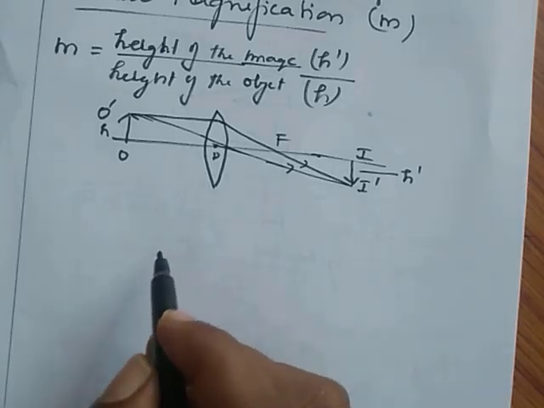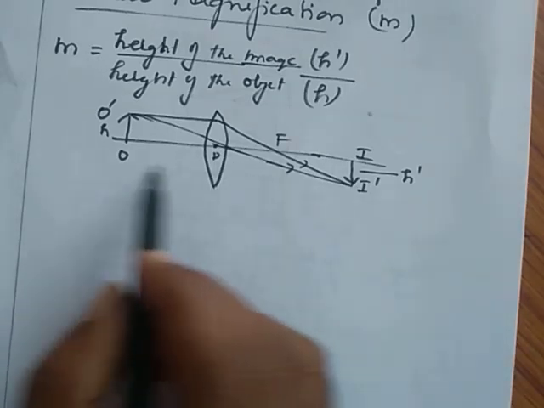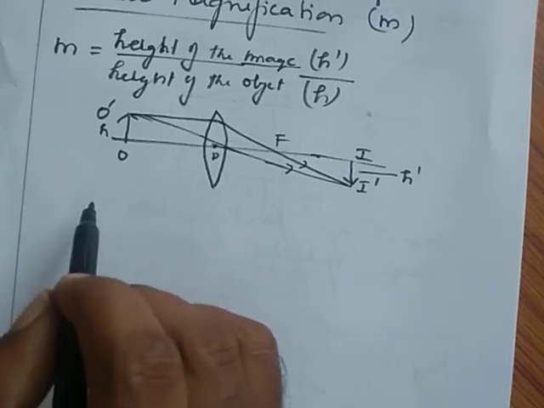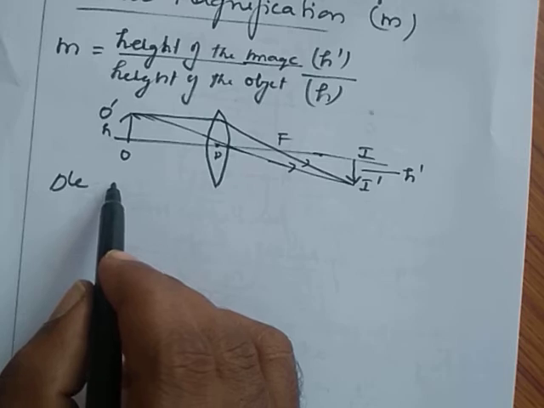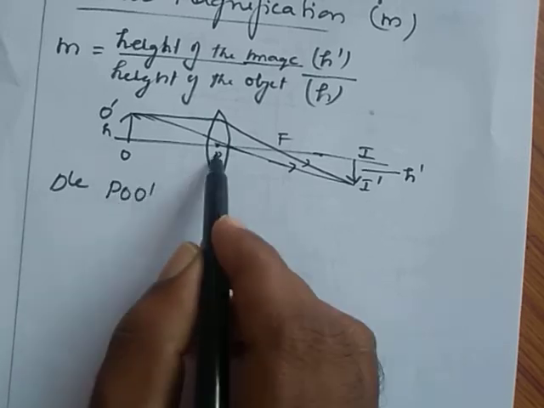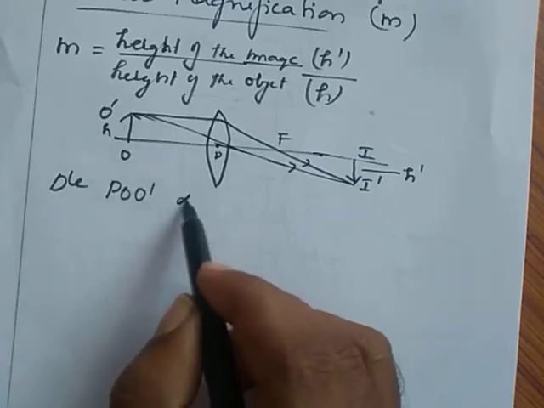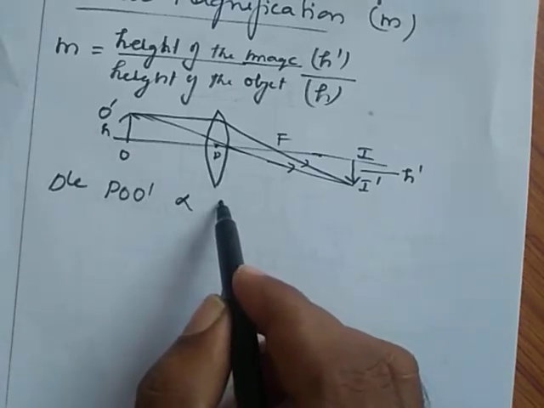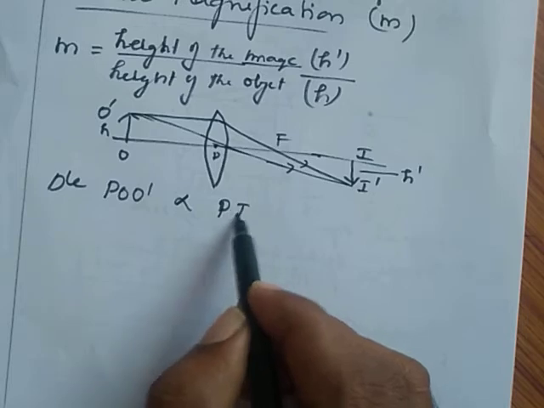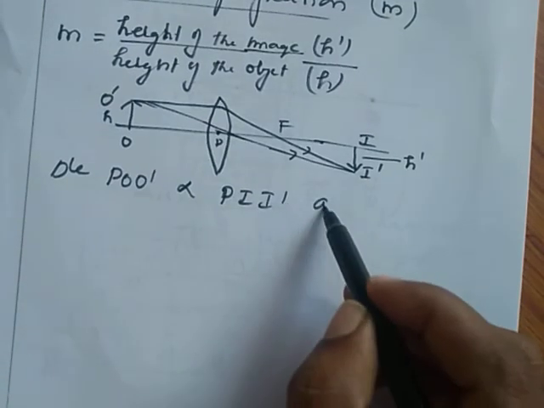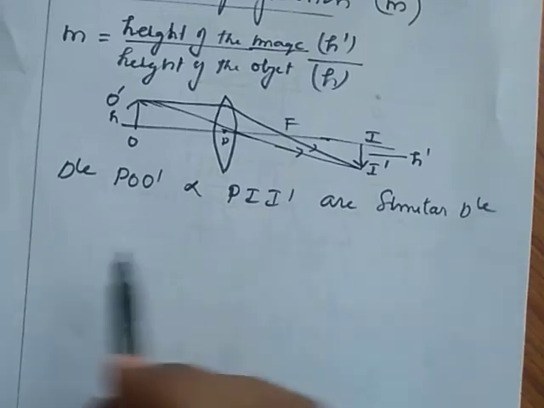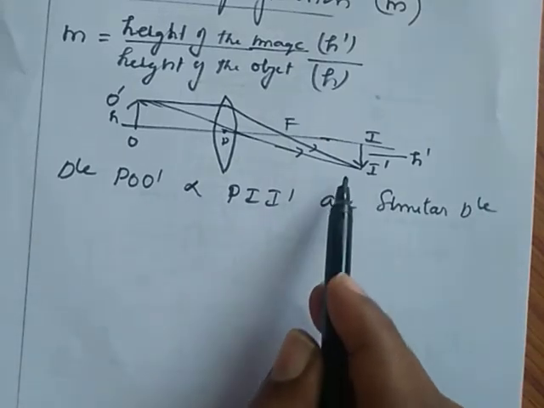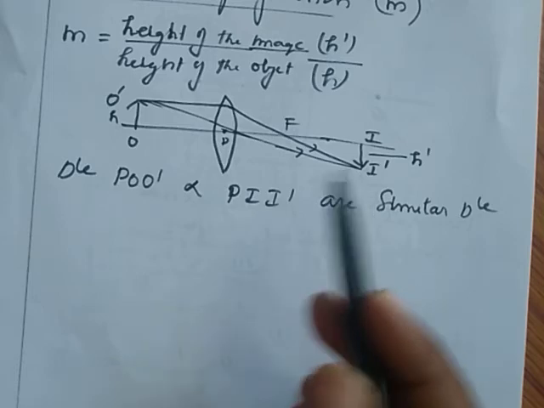Here we know the triangle POO dash and the triangle PII dash are similar triangles. Because of similar triangles, the ratio of sides are equal.